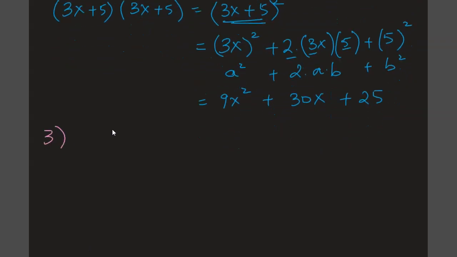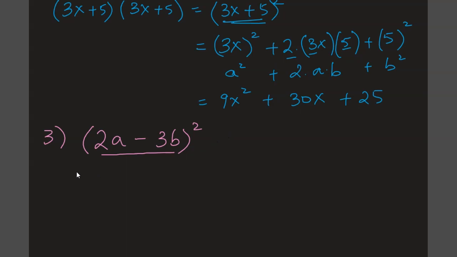Let's do another problem. If we have a problem like this, 2a minus 3b squared, that means we have a polynomial expression with two terms.